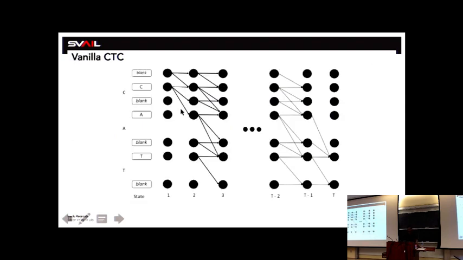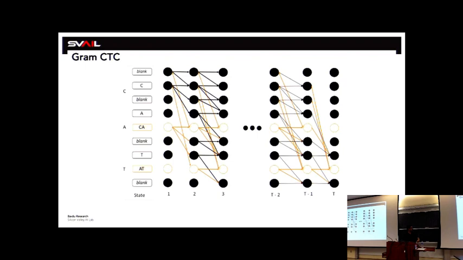And if you want to do gram CTC, you simply add a couple more labels in there. That is, here our softmax is over unigrams and bigrams. So you see CA and AT also, and there are a few more recurrence relations being added, and that's about it. That's basically the change.